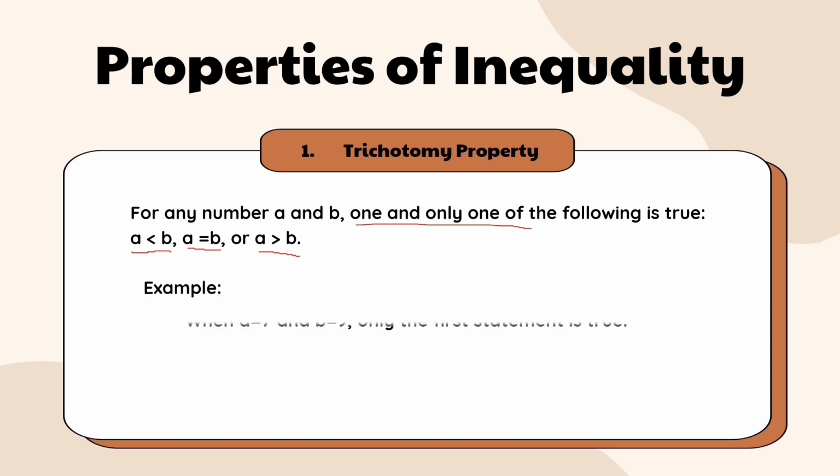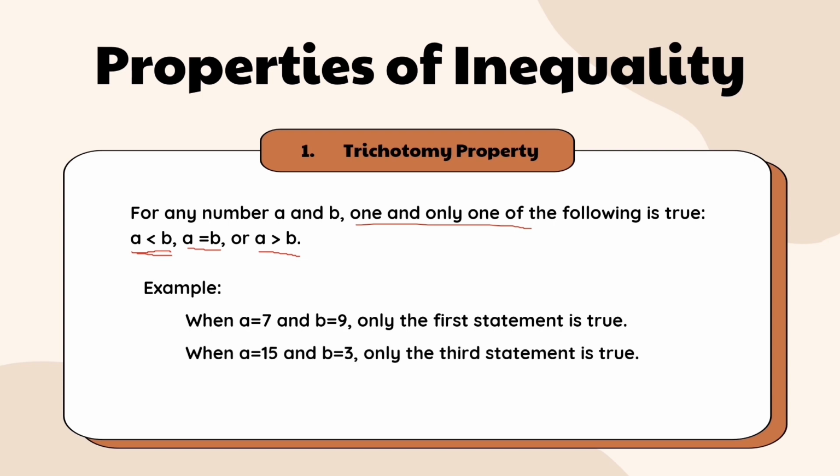For example, when a is equal to 7 and b is equal to 9, only the first statement is true, because 7 is less than 9 is true, 7 is equal to 9 is not true, and 7 is greater than 9 is also not true.